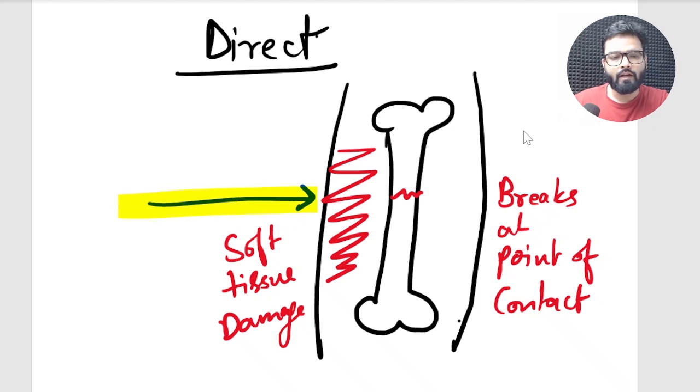When the force is directly applied, the bone breaks at the point of contact and soft tissue is also damaged.